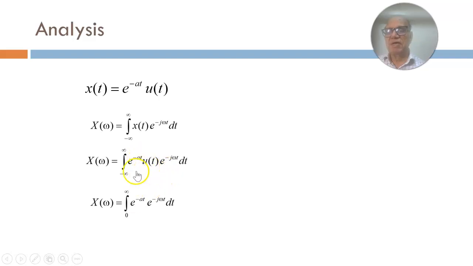Now this u(t) can be removed by changing the lower limit to 0, because multiplying this signal by u(t) implies that the product has a value which is 0 for values of time less than 0. Therefore, if I change this lower limit to 0, I can remove u(t) from the expression. So X(omega) is equal to the integral from 0 to infinity of e raised to minus at e raised to minus j omega t dt.